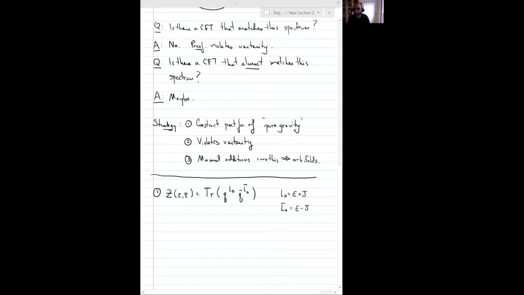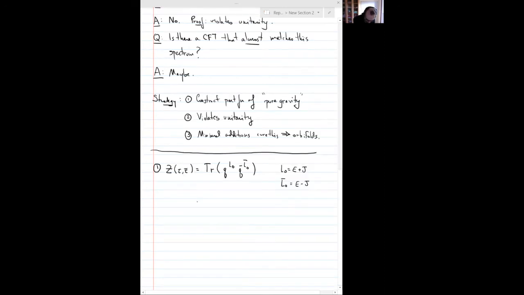In the conformal theory interpretation, you think of them as the two generators of the left and right moving Virasoro algebra. And the way that we would try and construct this in a gravitational theory is by doing a path integral.